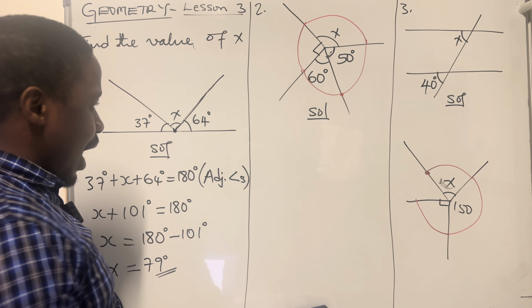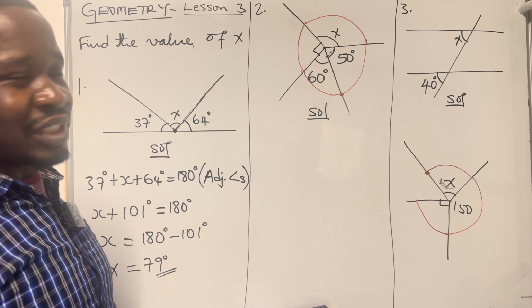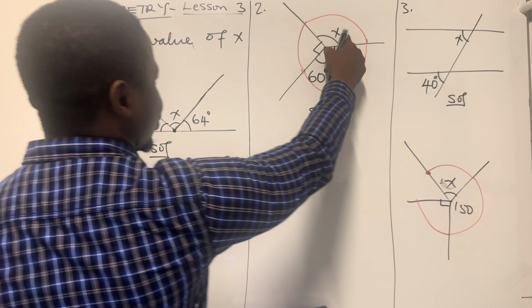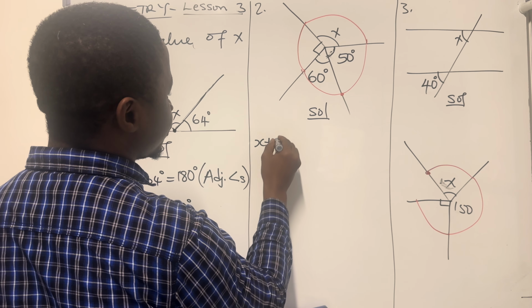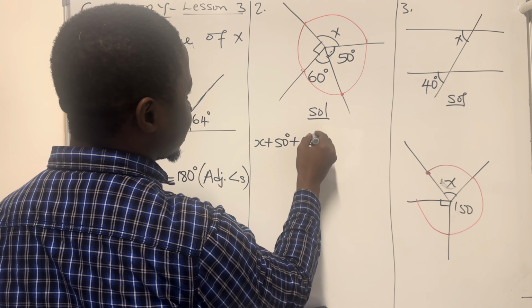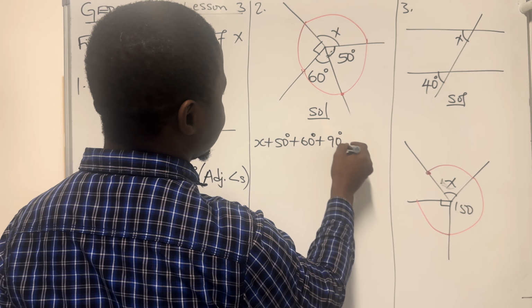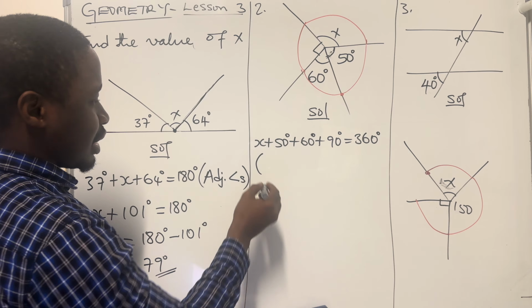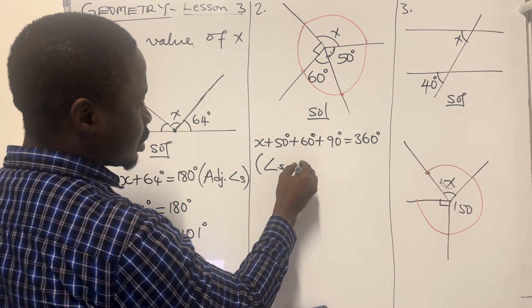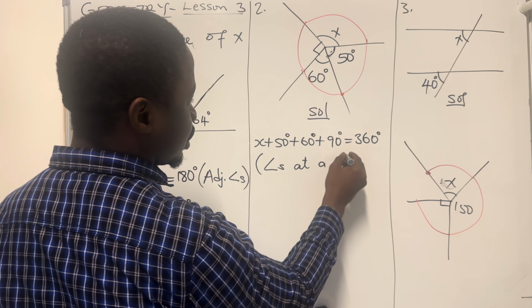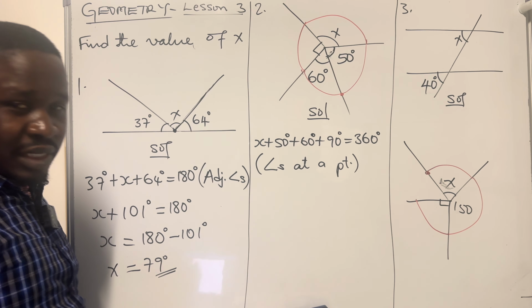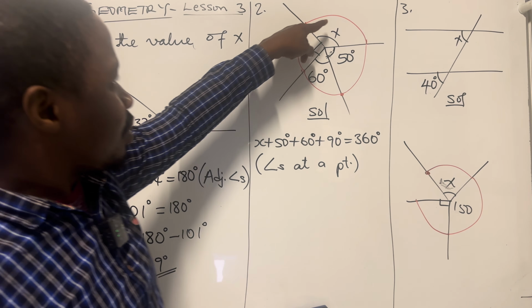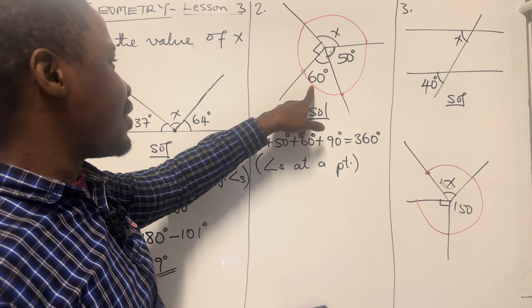So this is a case wherein we say angles at a point. Angles at a point, we sum them up to 360. So you say X plus 50 plus 60 plus 90 equal to 360 degrees. What is the reason? Angles at a point. PT is accepted, understood to represent point. So X, if you want to start this way, you can even start with 60.